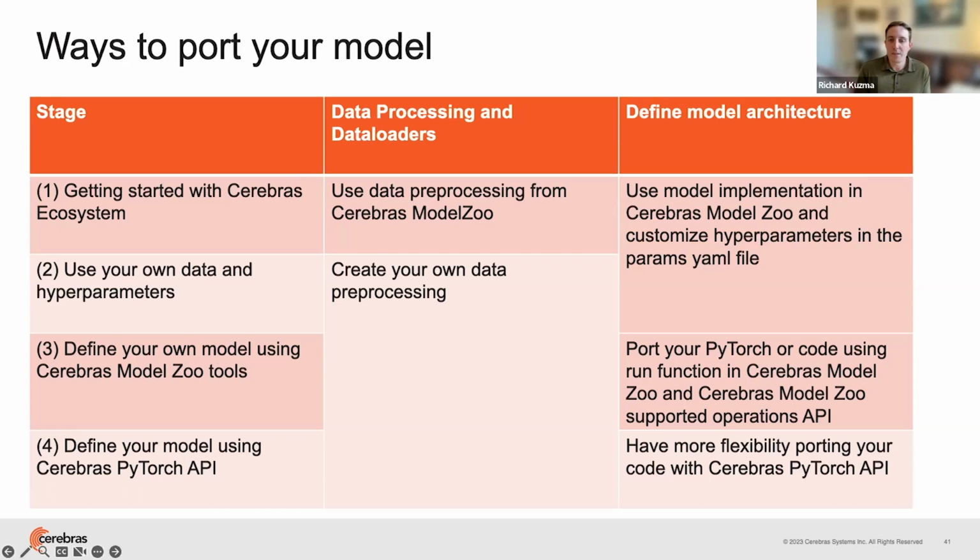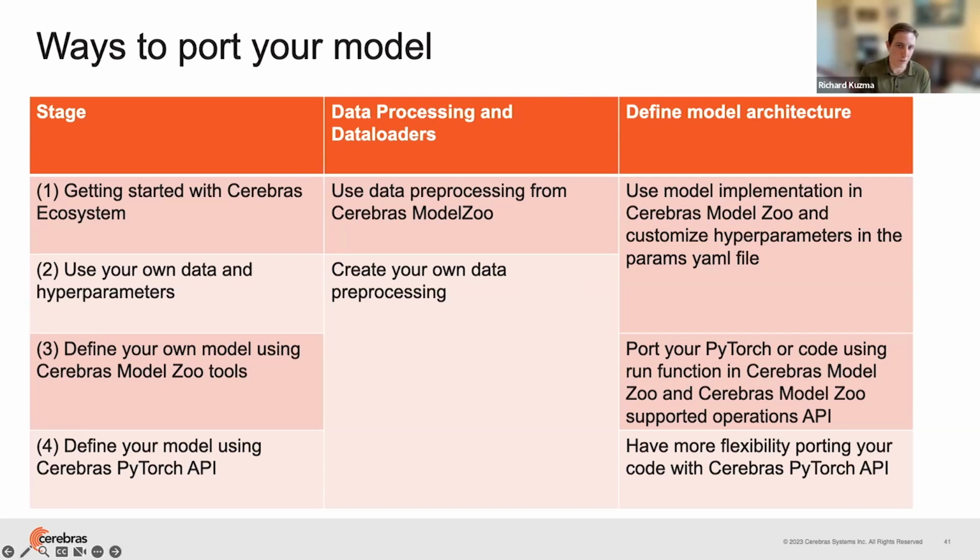So you have different levels of granularity accessible, from data processing and data loaders that are straight out of the Model Zoo, to models straight out of the Model Zoo, all the way to fully custom data processing, full flexibility, the PyTorch API. So a lot of information here, but to orient, stage is the level of customizability you desire. That center column is how you're going to go about that data processing, data loading. And the right column, the model architecture, is your method to define your desired model.